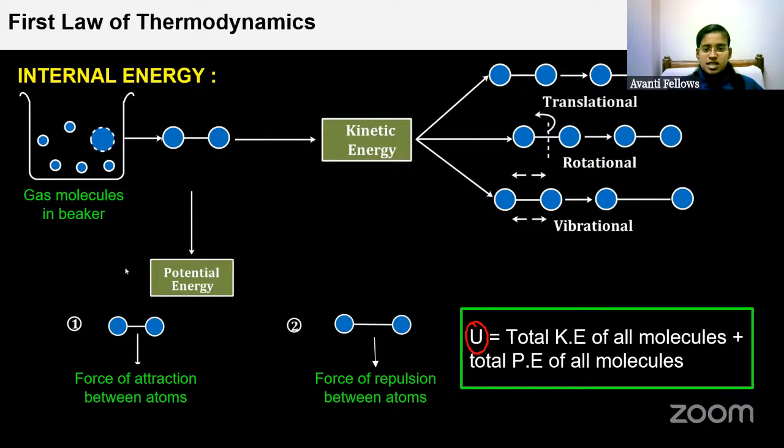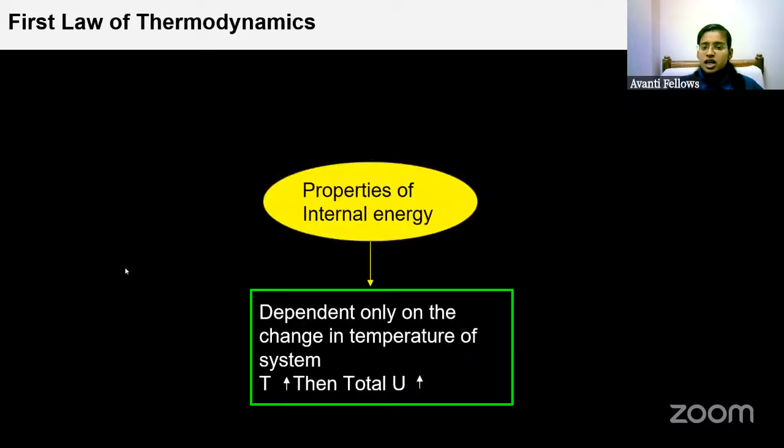Now let's see some properties of internal energy. First of all, it is dependent only on the change in temperature of the system. If temperature is increased, internal energy also increases. So internal energy is directly proportional to temperature.